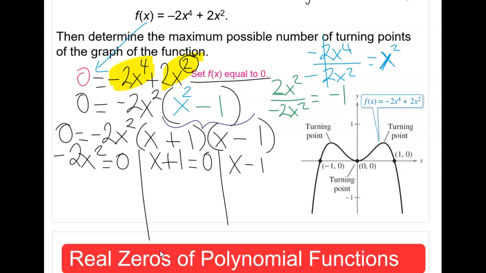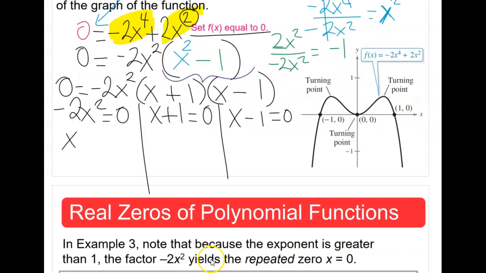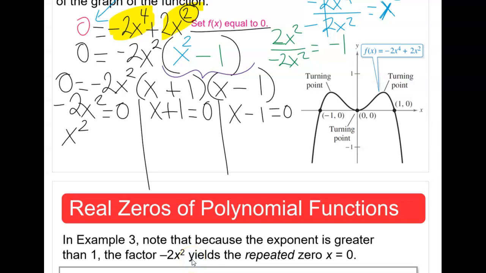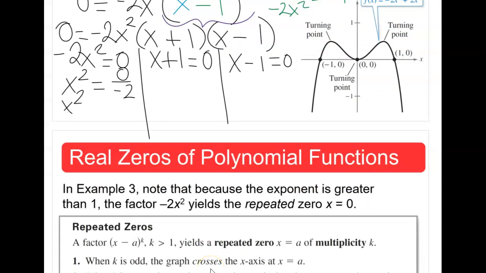We call this the zero factor property. So here, if I solve for x, it will be x squared is equal to 0 divided by negative 2. So x squared is equal to 0. So if we take the square root of 0, we will get 0.